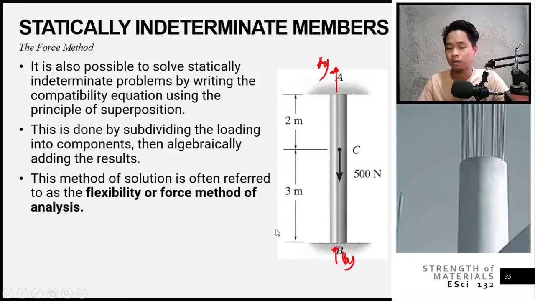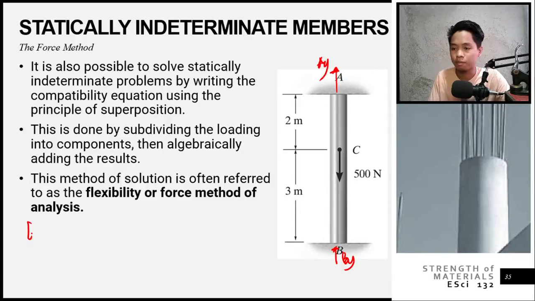So in the use of the force method, we need to make this member determinate. So how do we make it determinate? We have already used statics for rigid bodies.